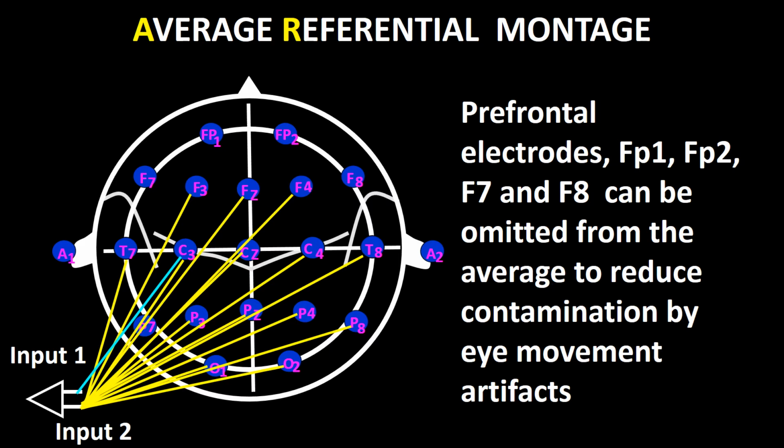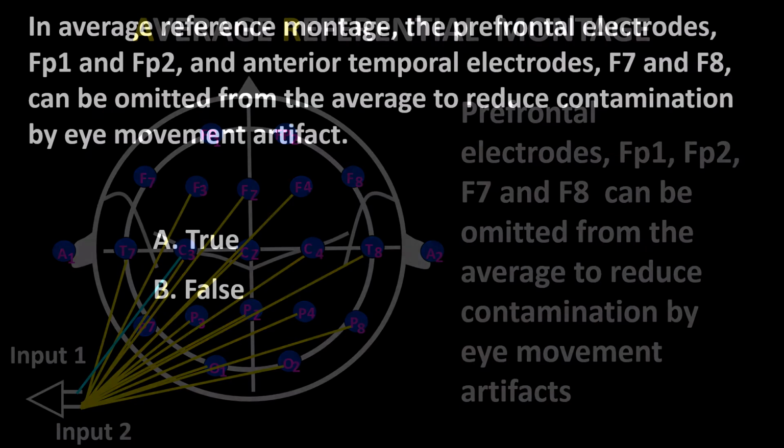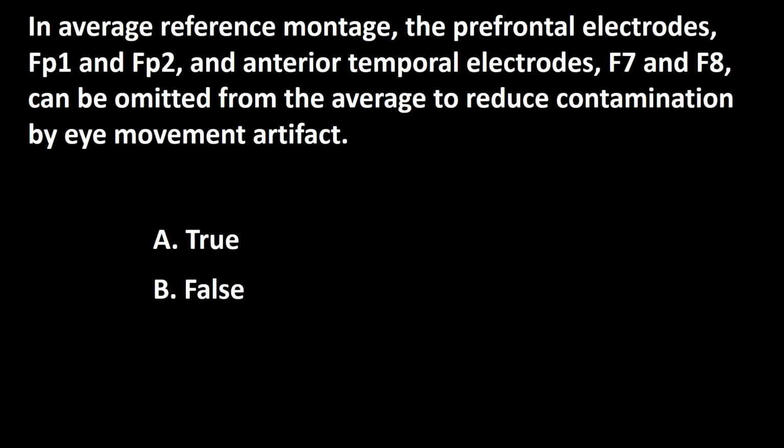One variation, as presented in this new frame, is to exclude prefrontal electrodes FP1, FP2, and F7 and F8 from the average to reduce contamination by eye movements. So the answer to this question is A.